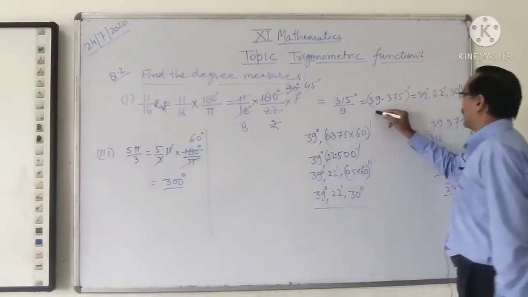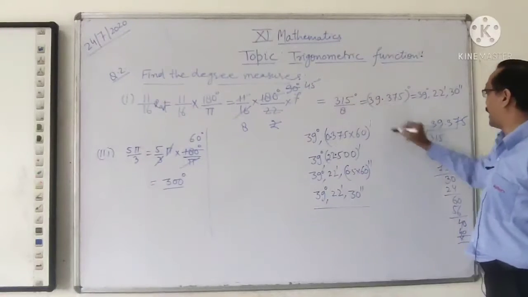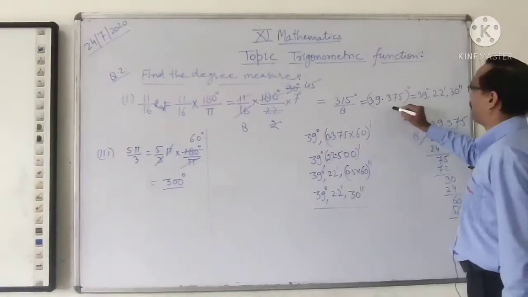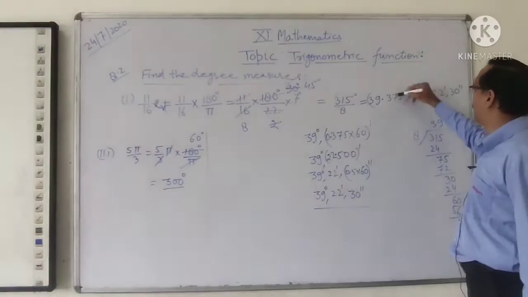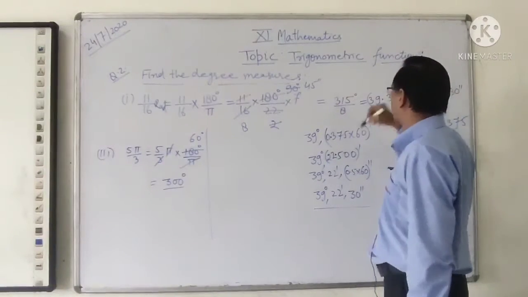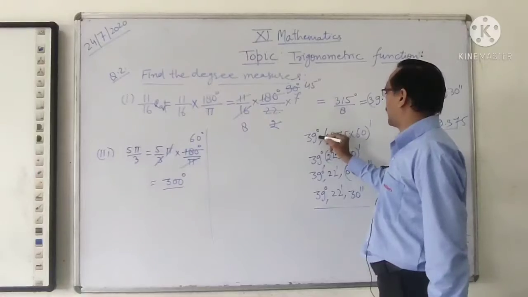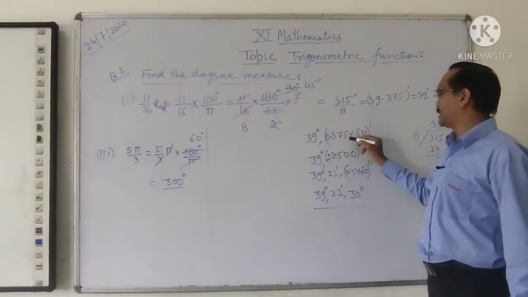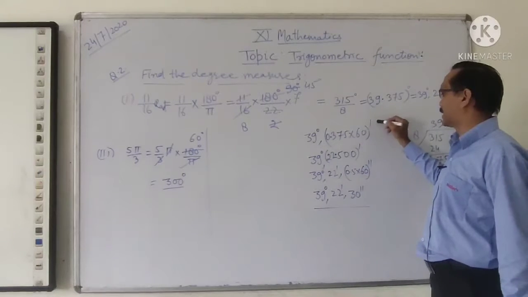Then we divide this number by 8. So we will get 39.375 degree. Right? Now we will convert this into minute and second also. So we can write it as 39 degree and 0.375 into 60 minutes.